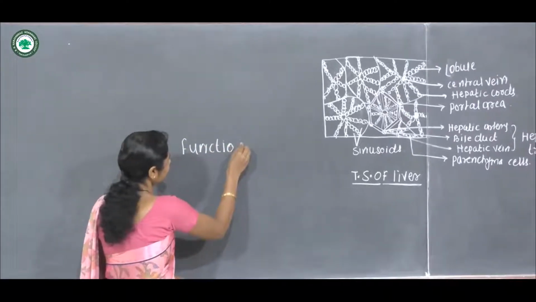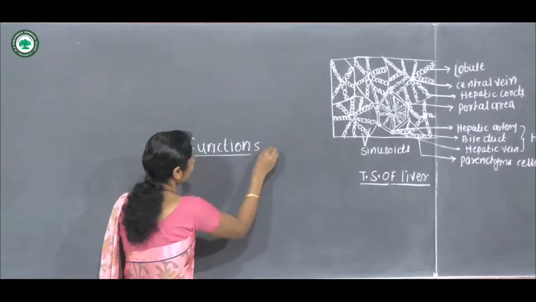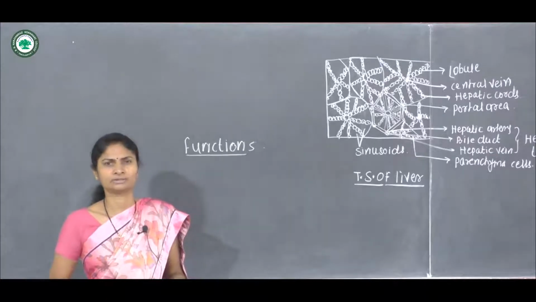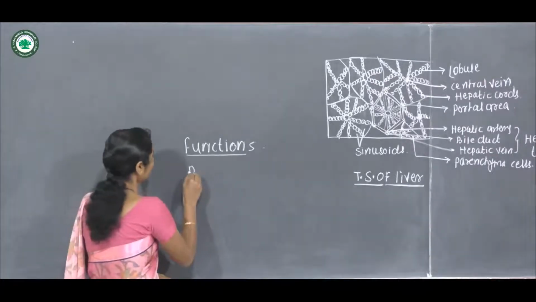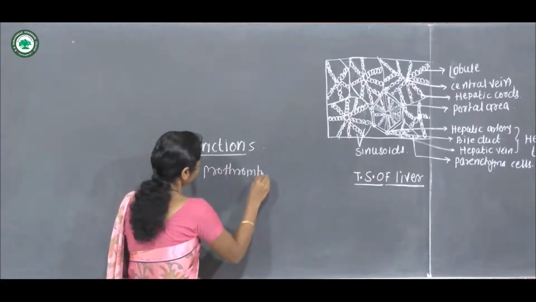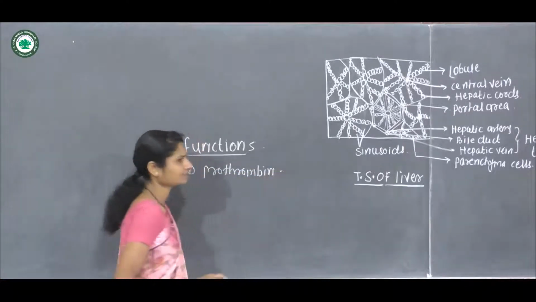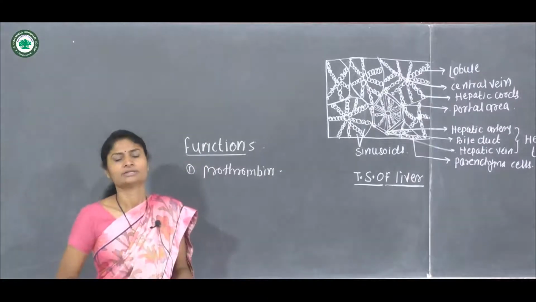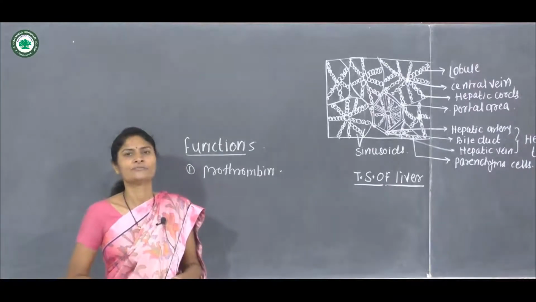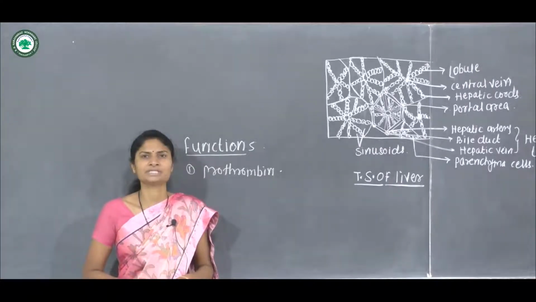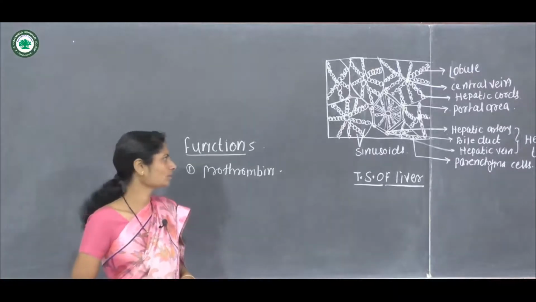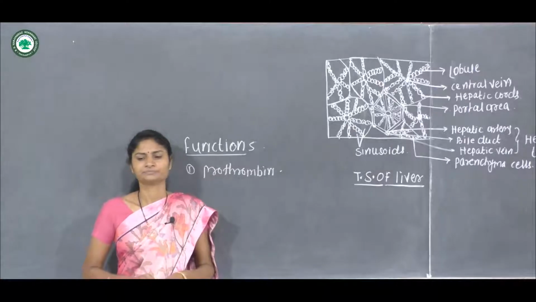Second function, synthesis of prothrombin, and this prothrombin is useful in blood coagulation. The liver stores glycogen, fats, proteins and vitamins A, D and K. Vitamins are stored in the liver.